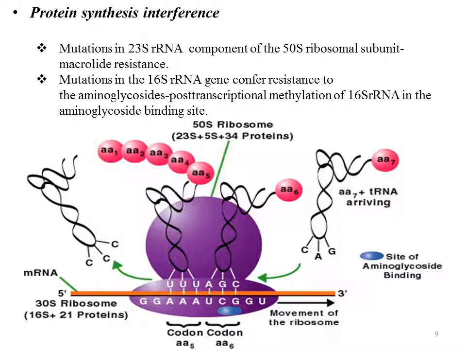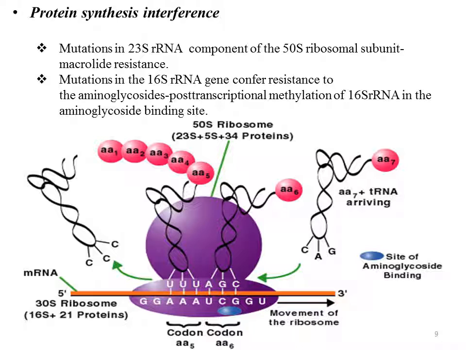Hence, mutations in the 23S rRNA component of the 50S ribosomal subunit are associated with macrolide resistance, as macrolide normally inhibits the peptide bond formation in bacteria. Due to mutations in 23S rRNA, there is normal formation of peptide bonds between the amino acids.